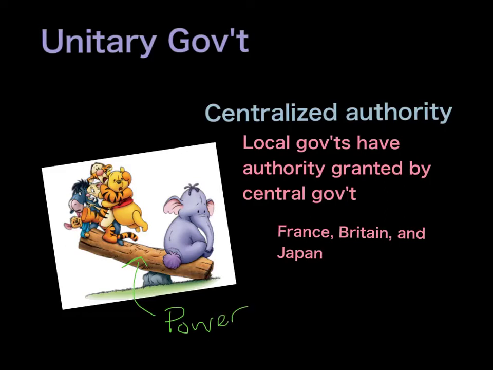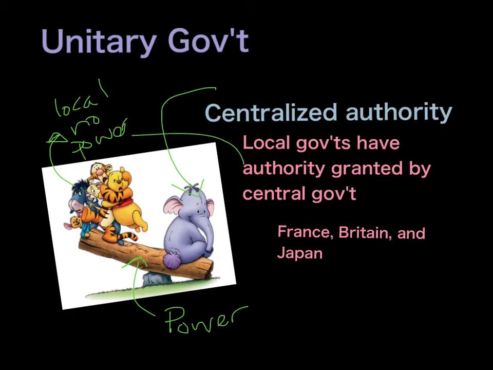In countries like France, Britain, and Japan, the central government has all the power, so it would be the elephant, whereas the local governments have little to no power unless that power was authorized by the central government itself. And in this case, the central government is the elephant.